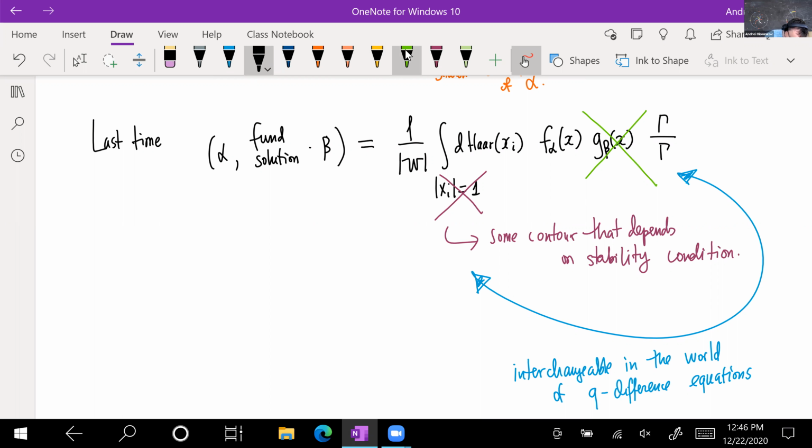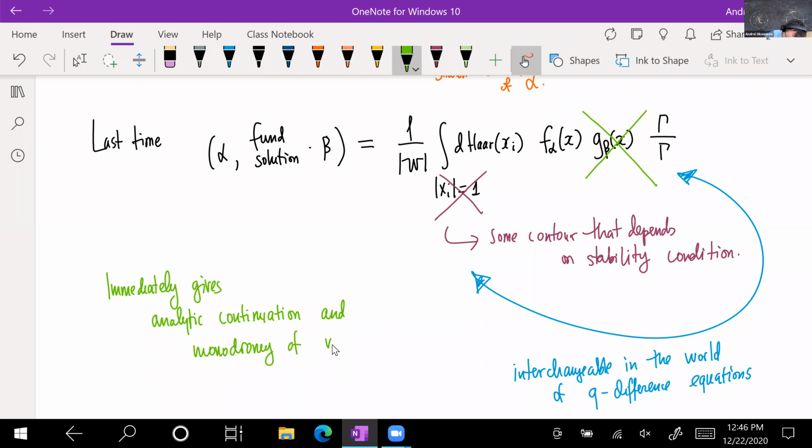So this immediately gives analytic continuation and monodromy of the vertex function. Both from this integral and also from the actual theorem.